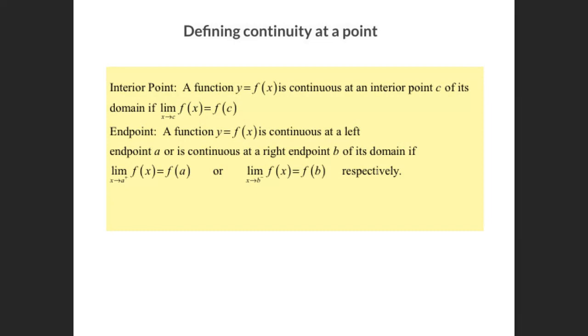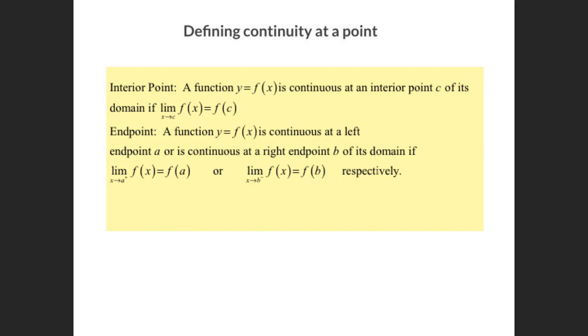Here's the definition for continuity at a point, and it's exactly what I just said before. The limit from the right and the limit from the left have to be the same, and then they have to equal the same value. Now, this is what used to drive me crazy as a student. You would read this, and it's like, what the heck are they trying to say here?